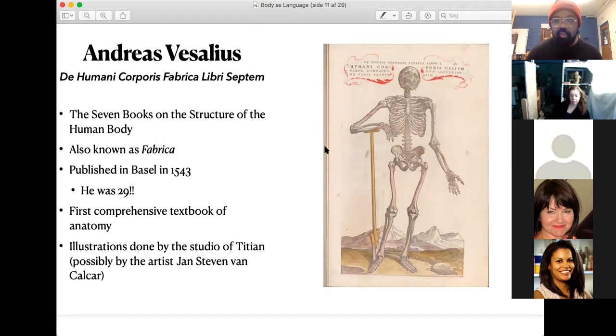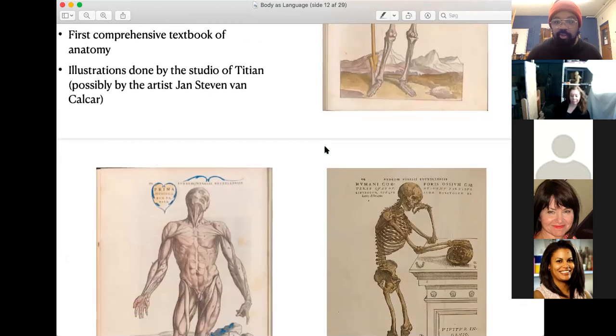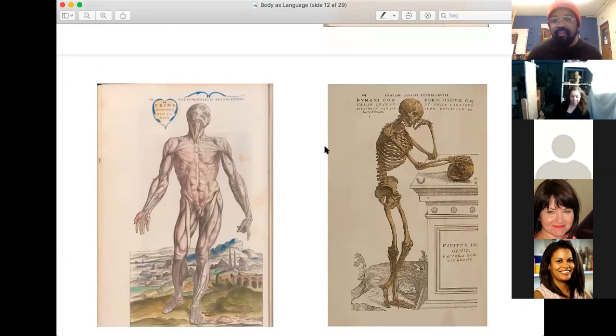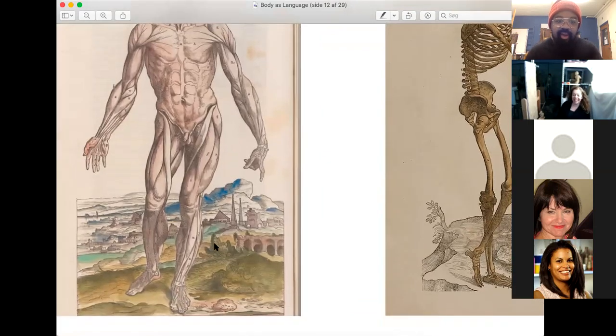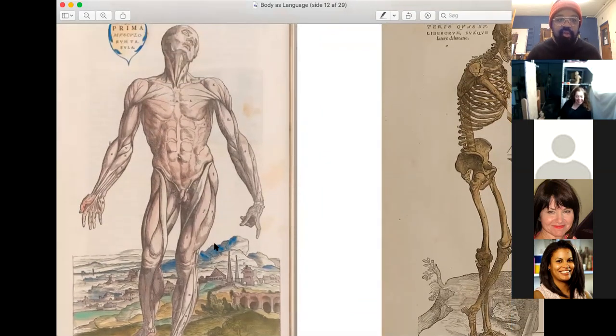But this is one of them, but I love the illustrations. They're very dramatic, very Italian in terms of the, you know, like this background, a landscape casually.